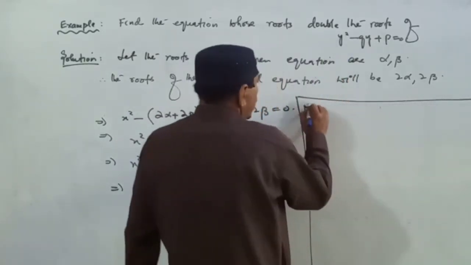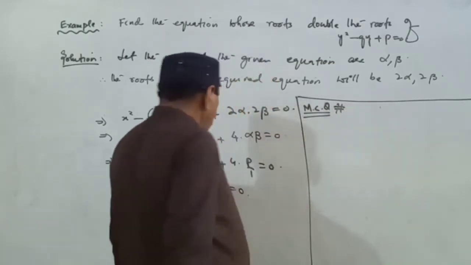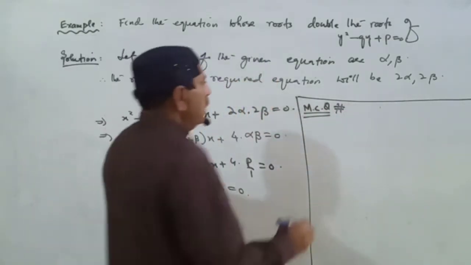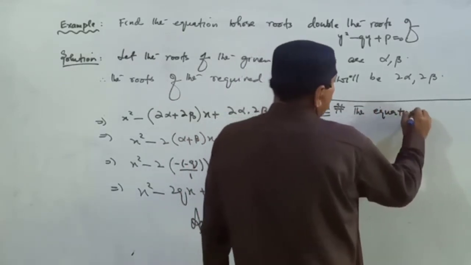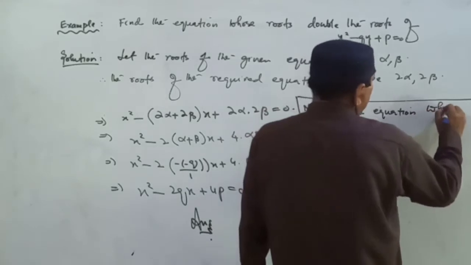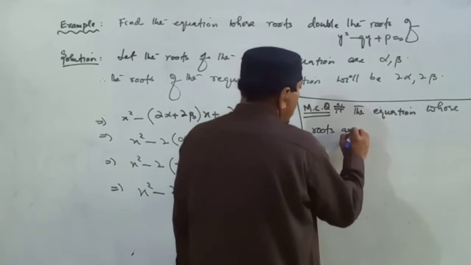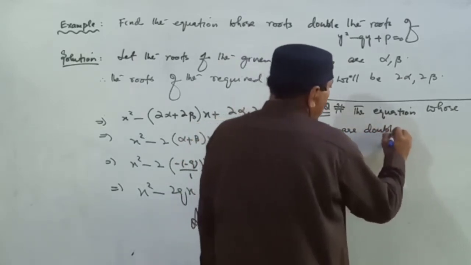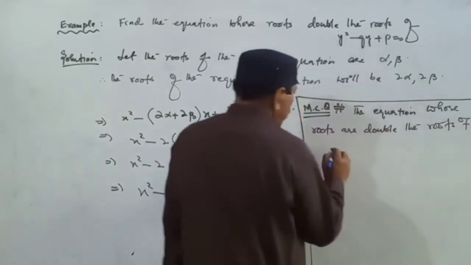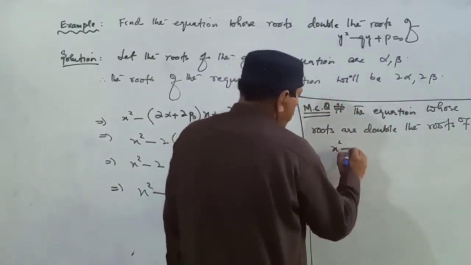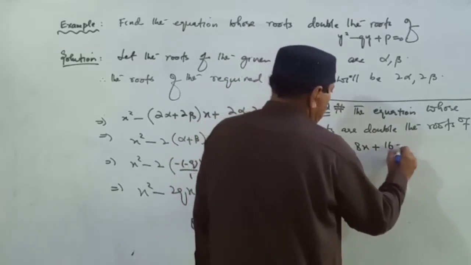Now if there's an MCQ: the equation whose roots are double the roots of x square plus 8x plus 16 is equal to 0.